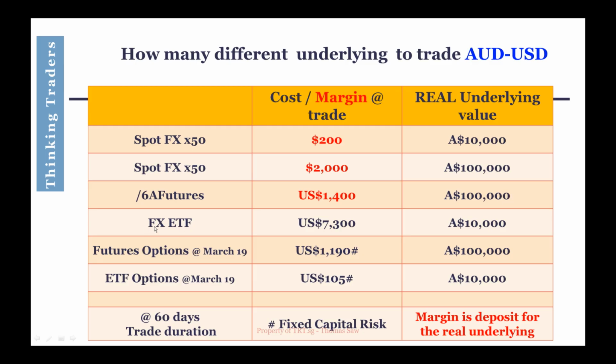Then we have FXA, the exchange traded fund, which holds physical Aussie dollars, 100 shares, $10,000. Then we have options on futures, options on ETF. You can see there are so many different underlyings available for you to trade.